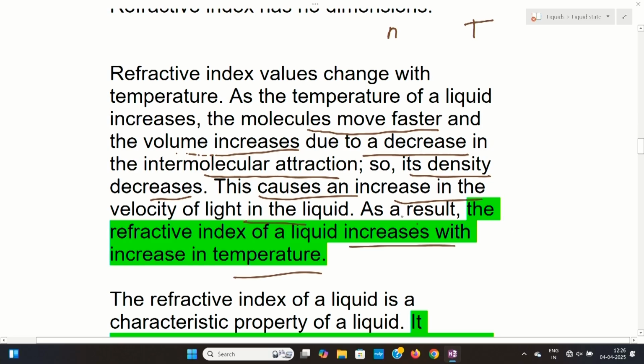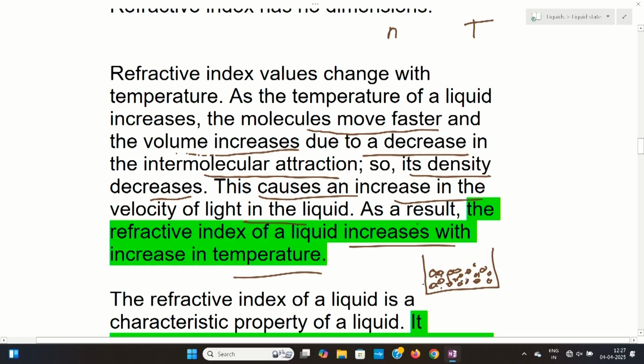Here, if we see, the molecules are arranged like this in a vessel in the case of liquids. As the temperature increases, the molecules move faster.